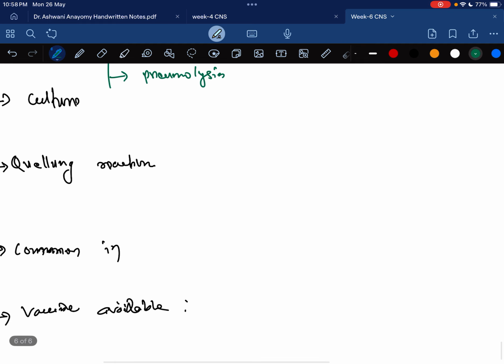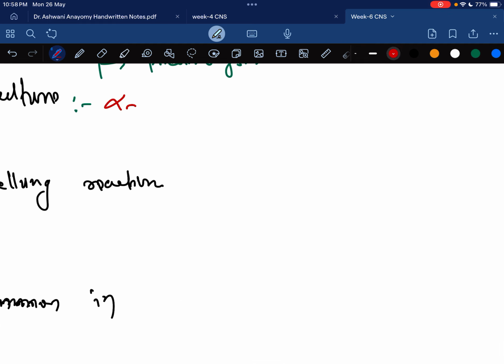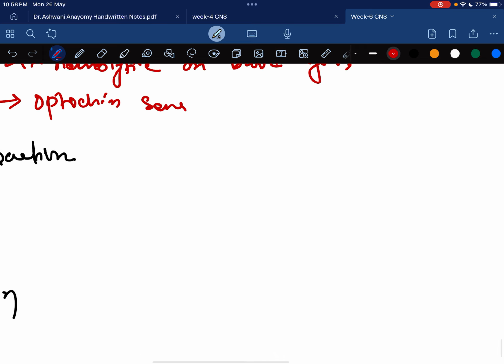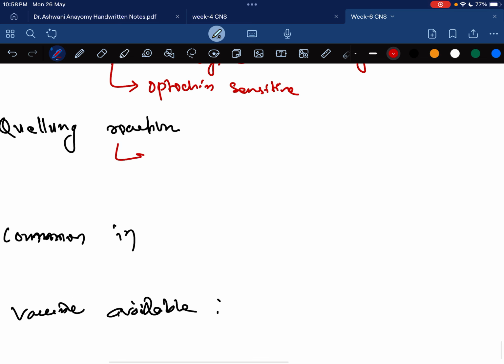When we look at the culture, it is alpha hemolytic on blood agar, and optochin sensitive. The Quellung reaction is positive, so there is capsule swelling.